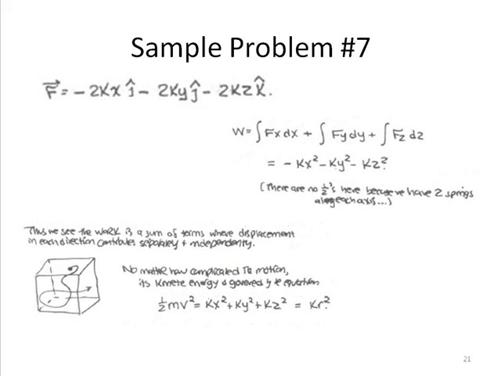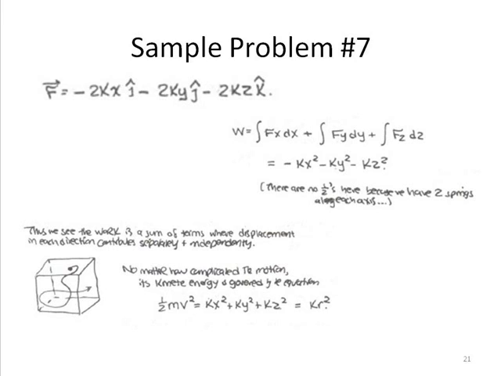Now, let's do a little sample problem. The force is equal to minus kx, since we've defined the spring constant of each spring to be equal to k, and we have 2 in the x direction. That means that the force in the x direction is minus 2kx.